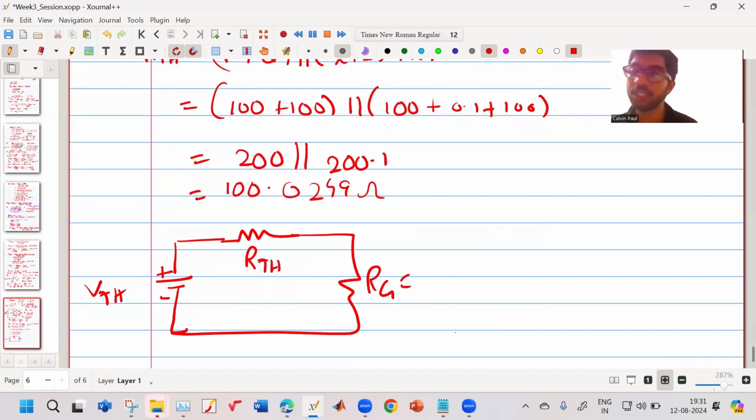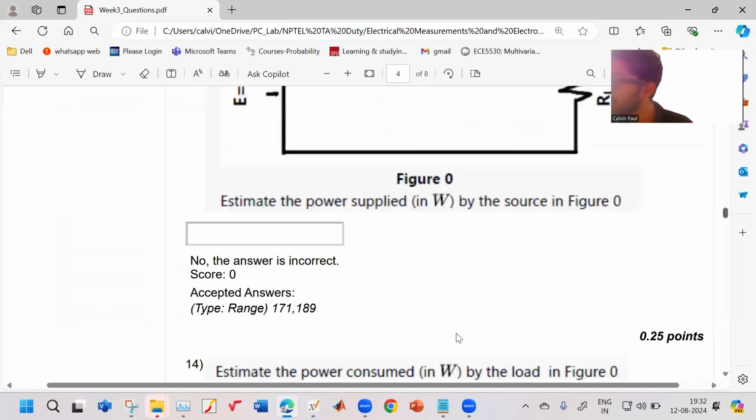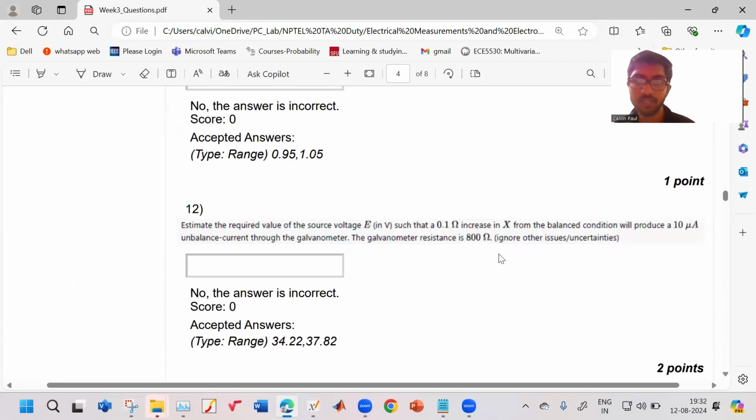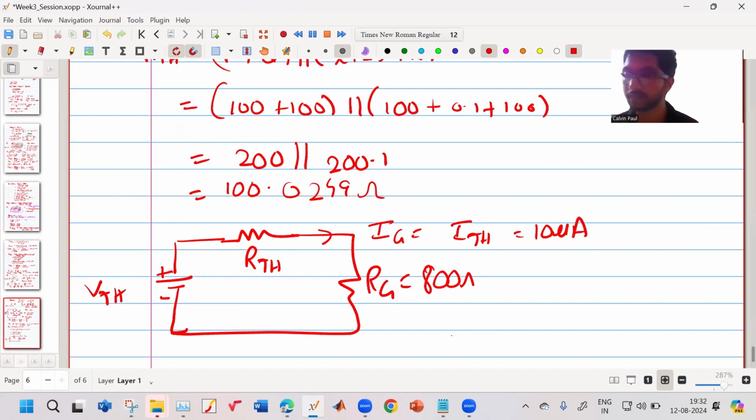I know my galvanometer has resistance, which they have told is to be 800 ohm. Okay. RG is 800 ohm. And this current to the galvanometer, which is my Thevenin current, should be 10 microampere. Right?